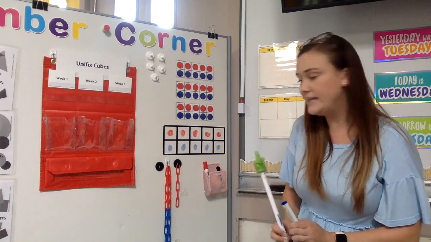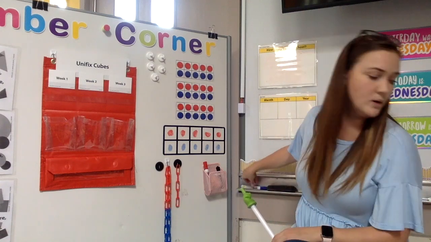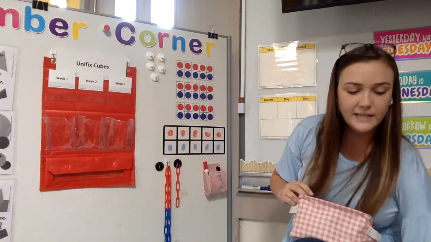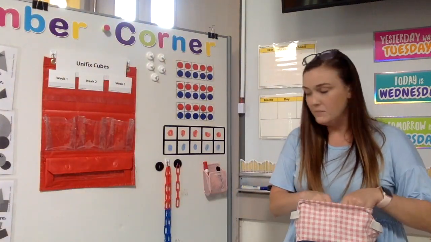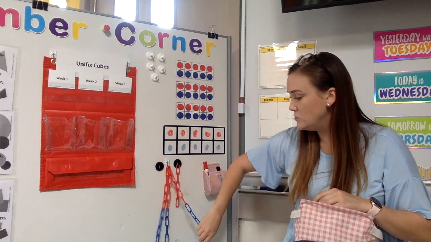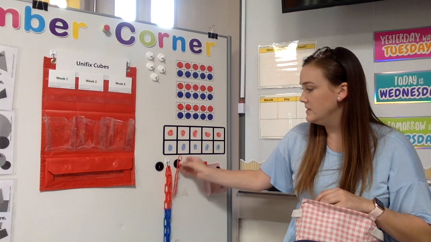Now I see that my link needs some blue links. Where did my links go? Here they are. So I had 5 red links, so now I need to add 5 more blue links to make 40. So I have 10, 20, 30, 35.